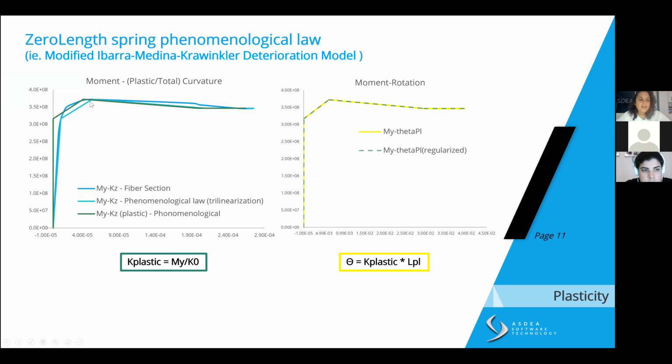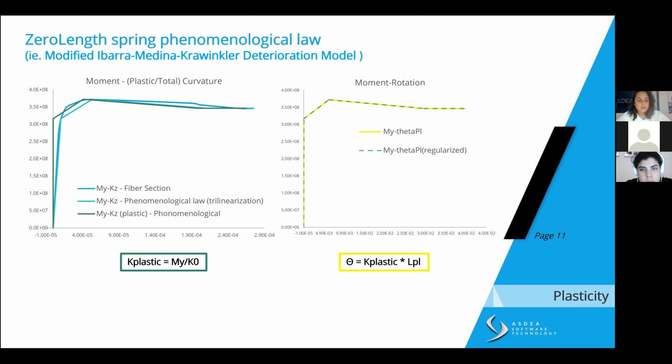And from this trilinearization, what there is to do is to move from our total curvature to the plastic curvature. So we want to extract the elastic part of the curvature and save just the plastic one, so that we can apply that to the spring.